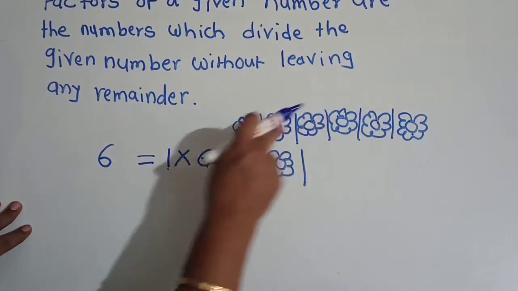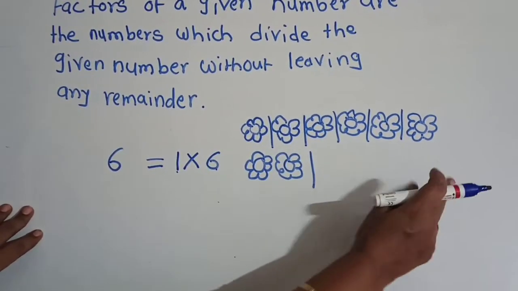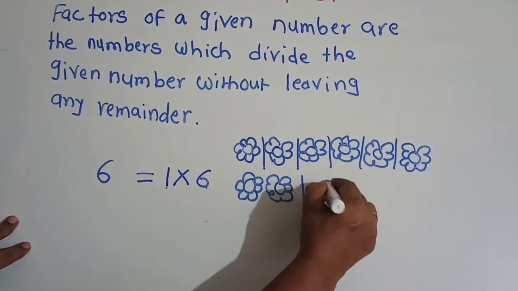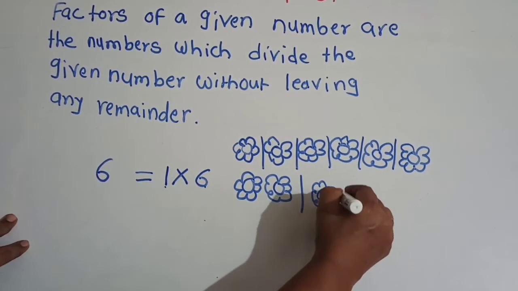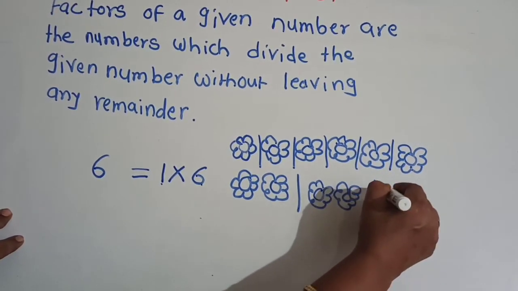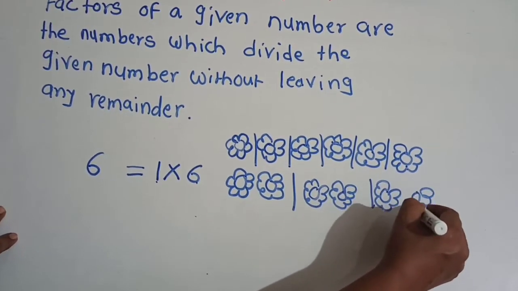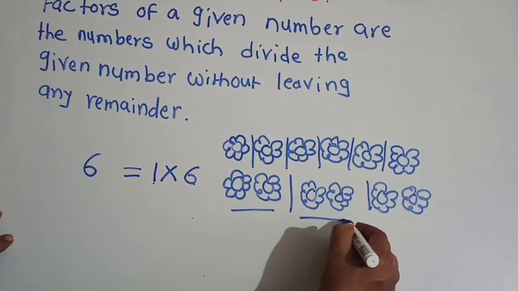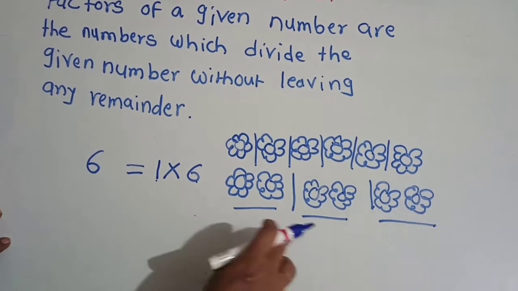Again these 6 flowers we have to divide in 3 groups. Look here, this is one group, this is the second group and this is the third group.